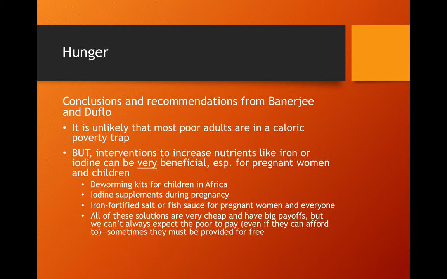And so they think that deworming kits are a really important tool for this. So intestinal worms are a major parasite infecting people and infecting children in some countries, especially in parts of Africa. And so, among other things, these parasites are sucking away nutrients from the food that the people are eating. So people are malnourished in part because the worms are basically eating up all of their food right out of their intestines.